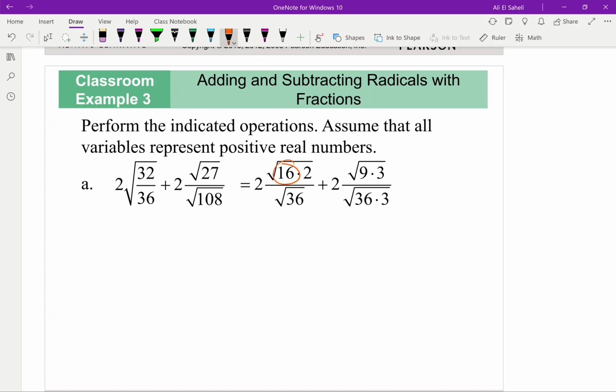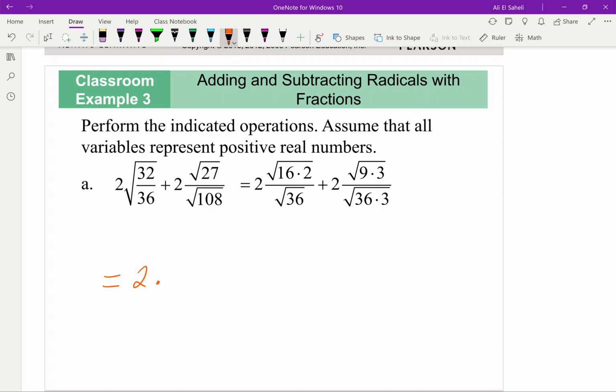Because 16 is 4 squared. Okay. Radical 4 squared is 4. 9 is 3 squared. Radical 3 squared is 3. So now it's possible to take these outside the radical sign. Same thing here. Radical 36 is 6.